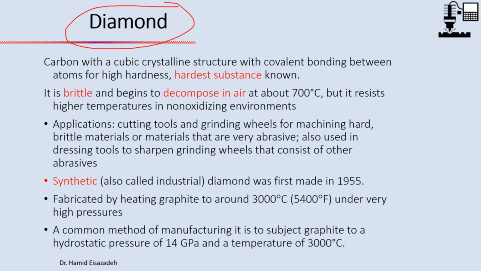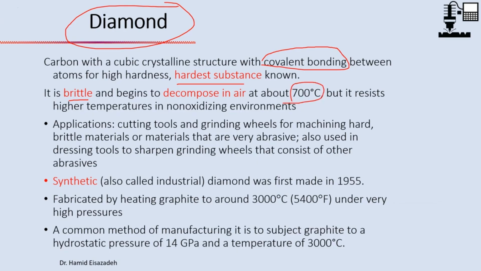So because we have covalent bonds in the diamond, it's a very hard material. It's known as the hardest material on earth, and the problem with diamond is that it's brittle, and it begins to decompose in air at around 700 degrees Celsius.